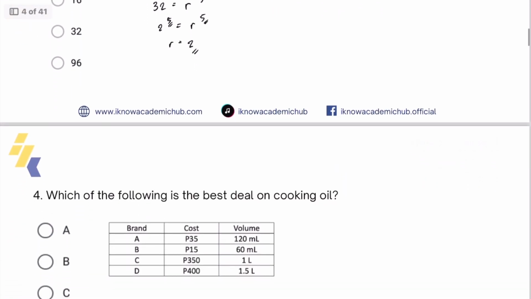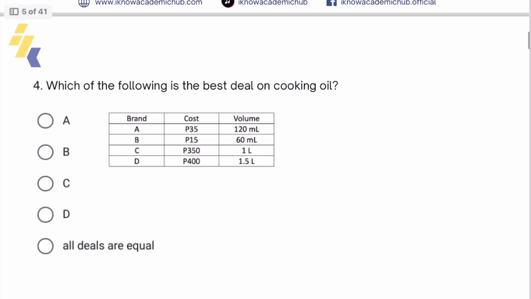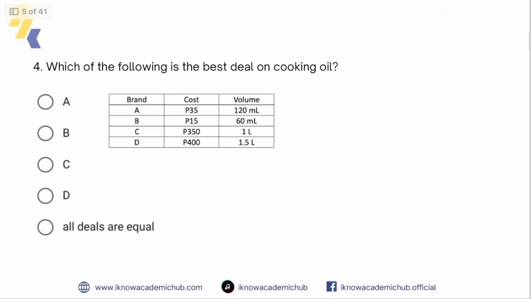Okay, let's proceed. Which of the following is the best deal on cooking oil?